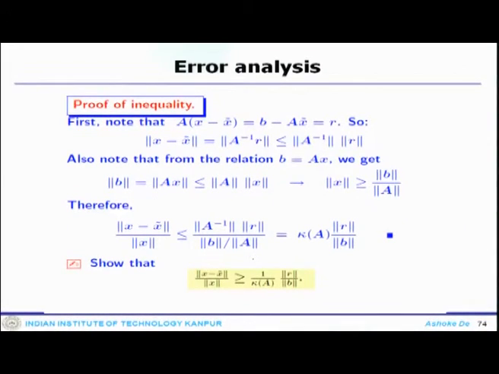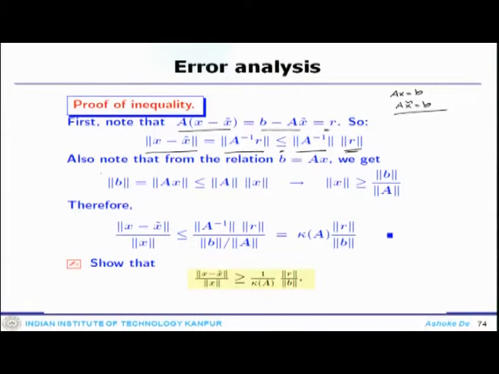As the proof follows, we have A x equals b, and the approximate solution satisfies A x prime approximately equal to b, so one can have A times (x minus x prime) equals b minus A x prime, which is R. So, the norm of x minus x prime is the norm of A inverse R, which, when you turn the equality into an inequality, is less than or equal to the norm of A inverse times the norm of R.